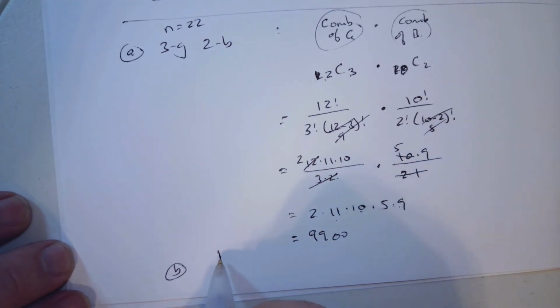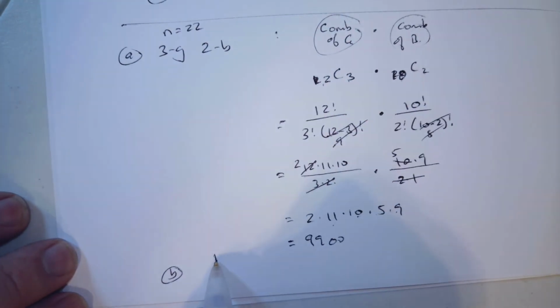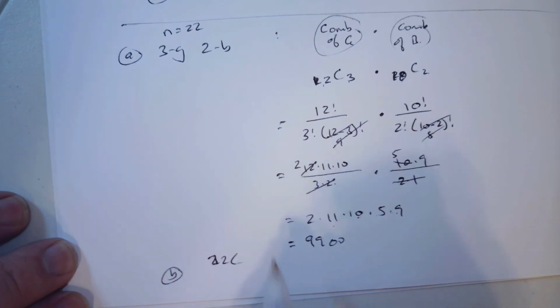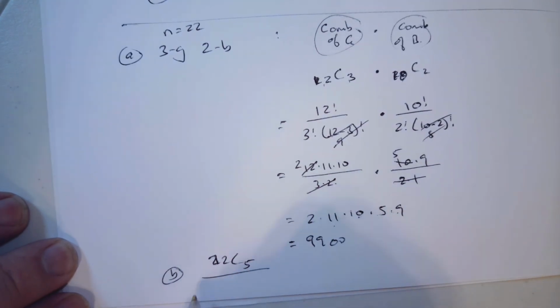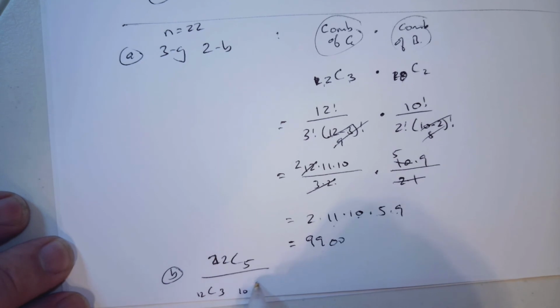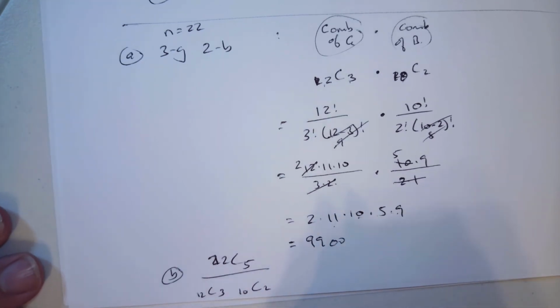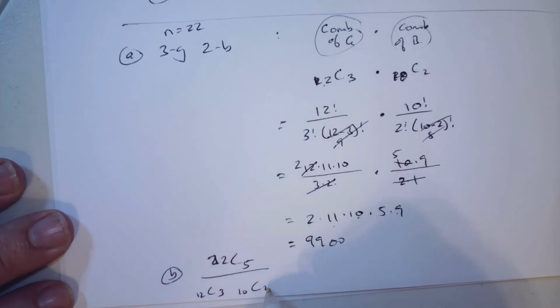So the probability is, since we're dealing with two groups, I'm sorry, it's 22 combination 5 over the girls and the boys, which is 12C3, 10C2. Oh, that's backwards.